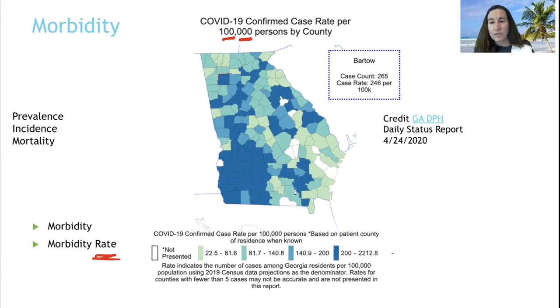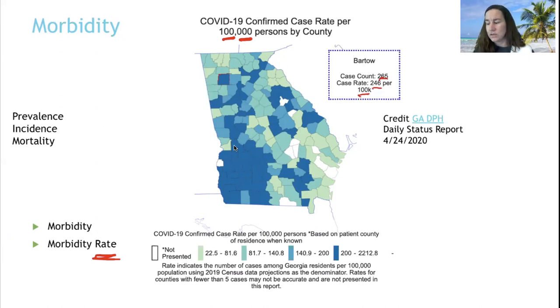I specifically picked Bartow County because that's where our Cartersville campus would have been if we'd been face-to-face. There are 265 cases right now total, for a 246 per 100,000 case rate. The link here is just a screenshot, so it's not interactive.